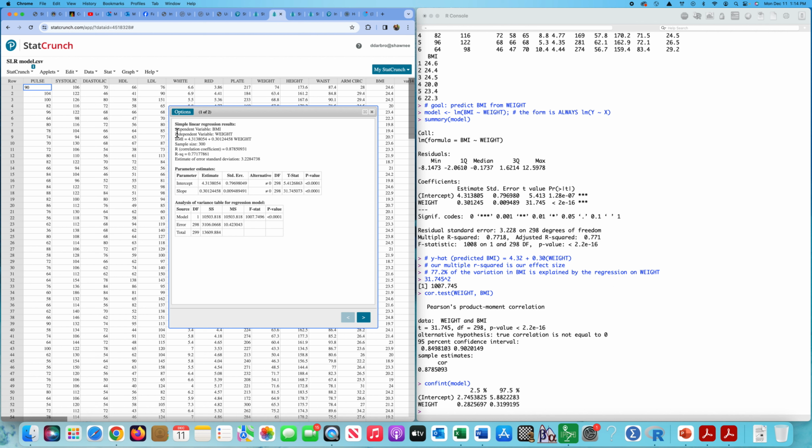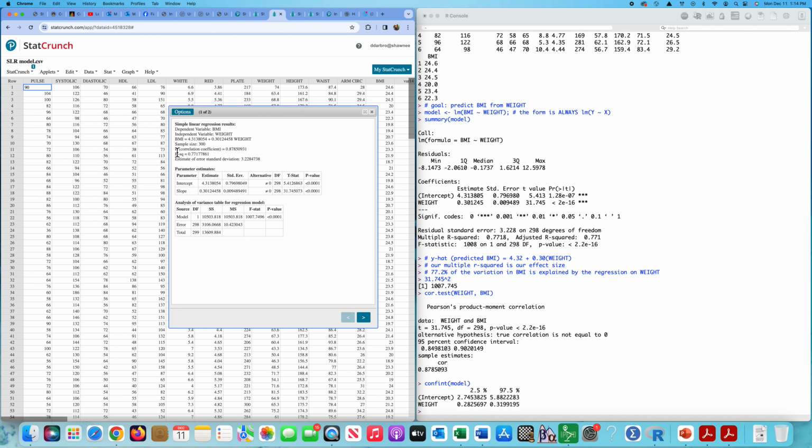So up here we have this output. It says our dependent variable is BMI, our independent variable is weight. This gives us our model, which again I get from the 4.32 plus the 0.03, but it gives it to you in a kind of nice compact form. It tells you our sample size.